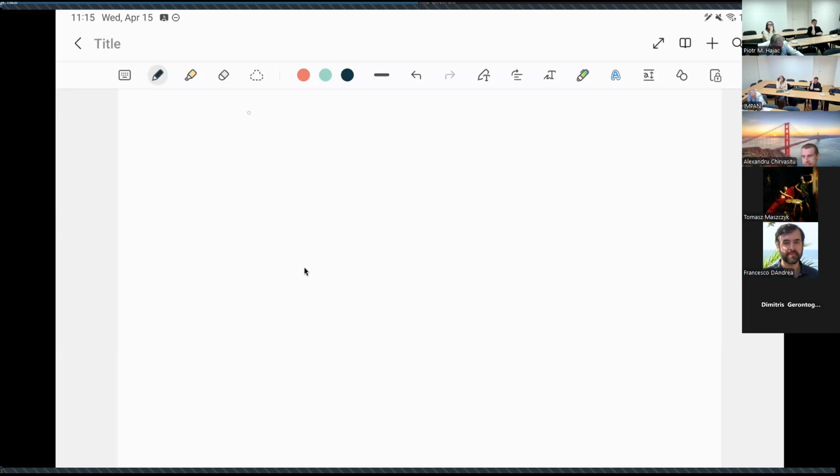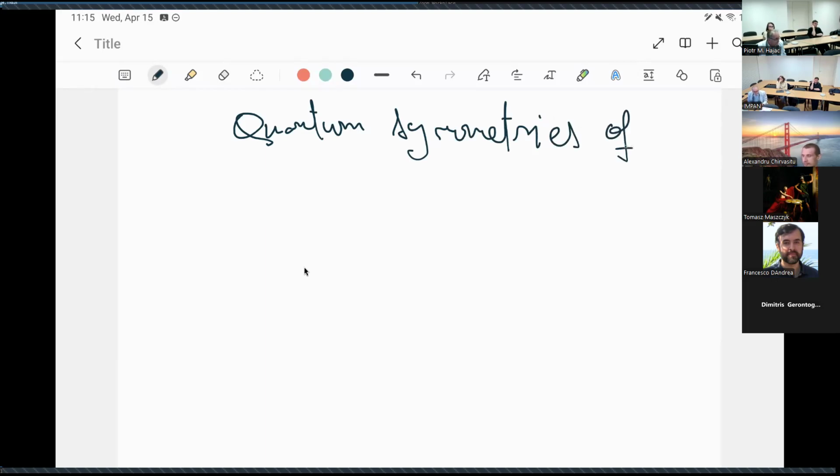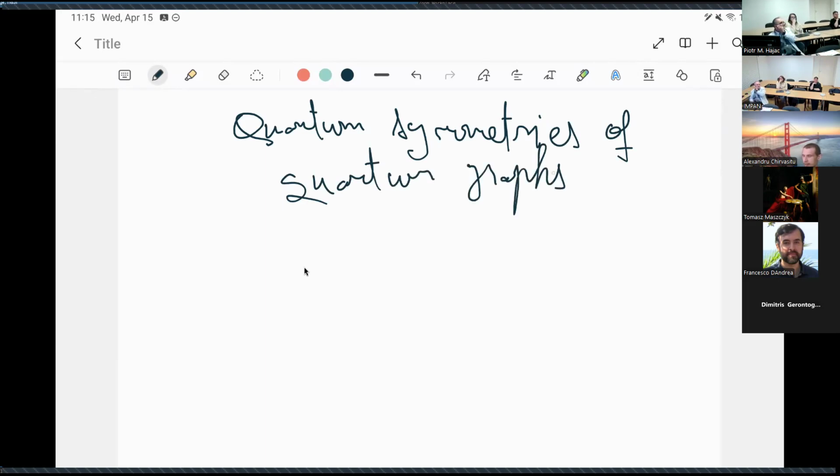As Piotr just said, this is about quantum symmetries of quantum graphs, and specifically, how there are, generally speaking, not too many of them.